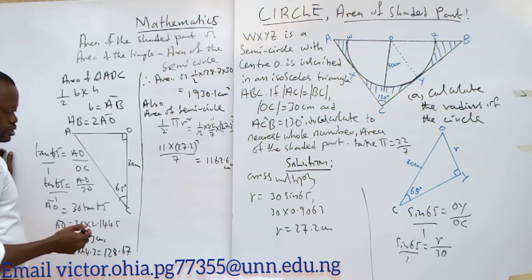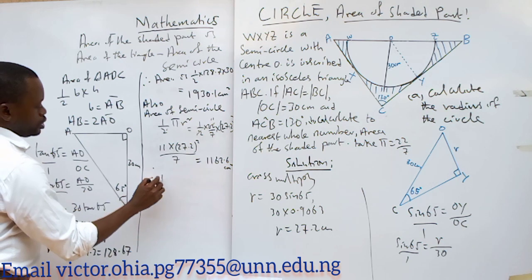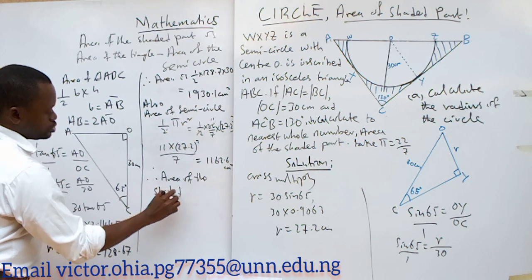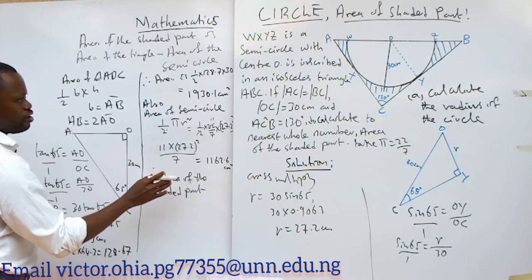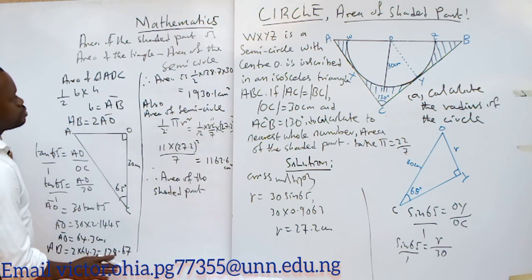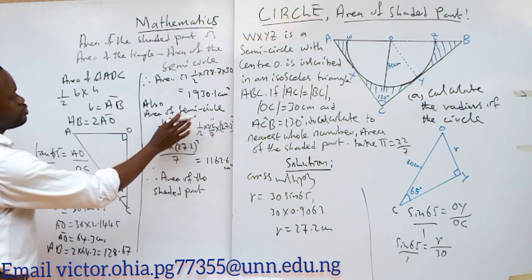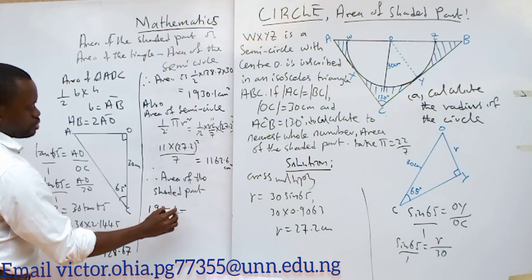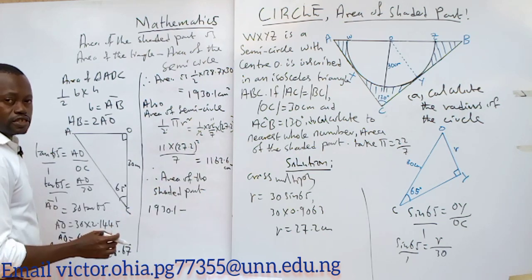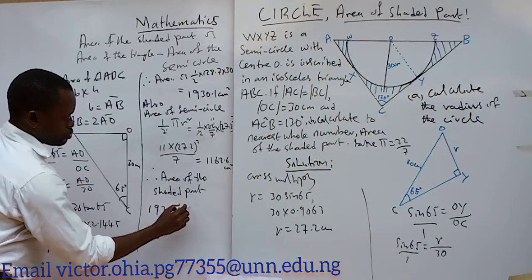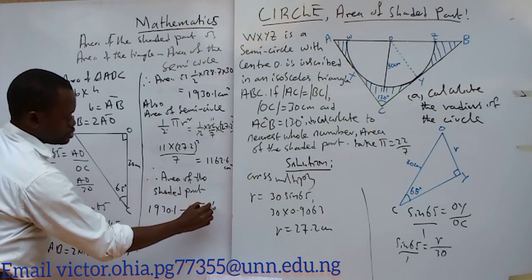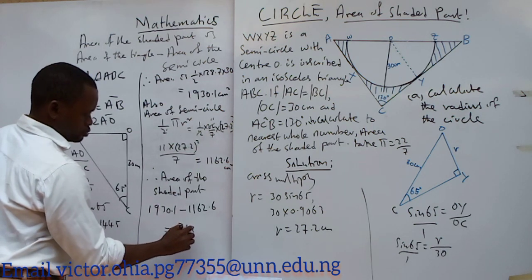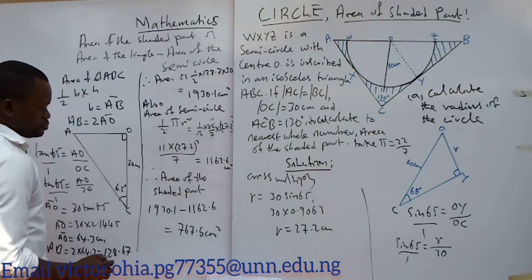Okay, we can now bring it to a conclusion. Therefore, the area of the shaded part will now be the area of the triangle, which is 1930.1, minus the area of the semicircle, which is 1162.6, and our final result will be 767.5 cm squared.